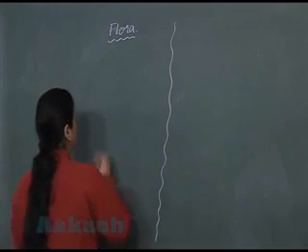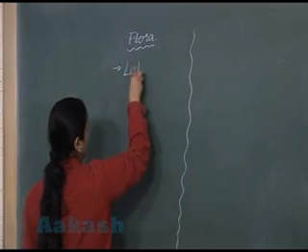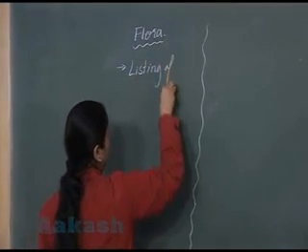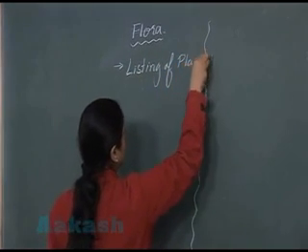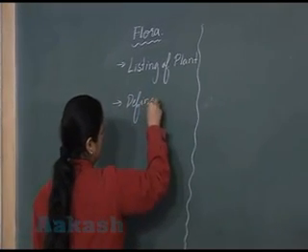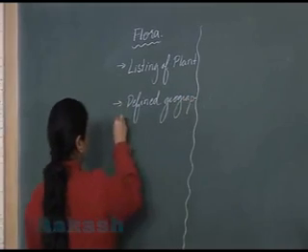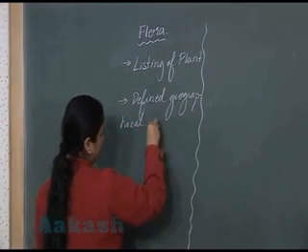It is a book which provides information about listing of plants in a defined geographical area.